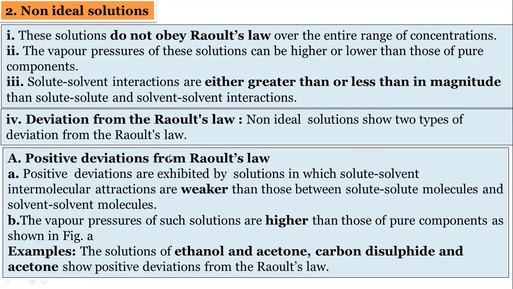Opposite to this there are non-ideal solutions. These are completely opposite to ideal solutions, meaning these do not obey Raoult's law. Then the second one, vapor pressure of these solutions. The vapor pressure of these solutions can be higher or lower than those of the pure components.